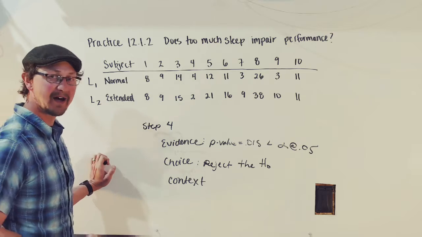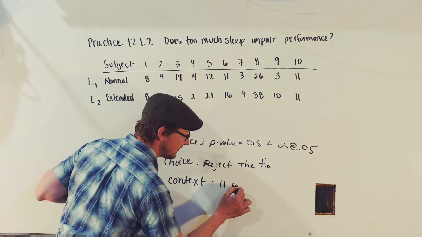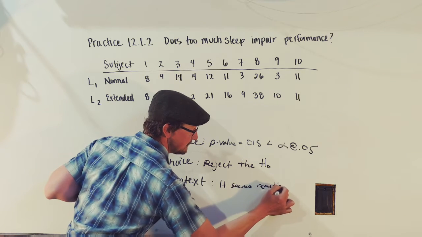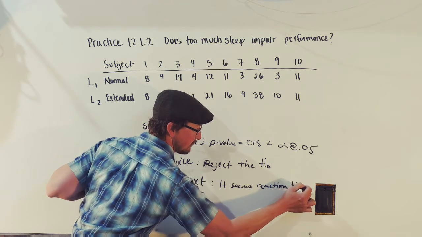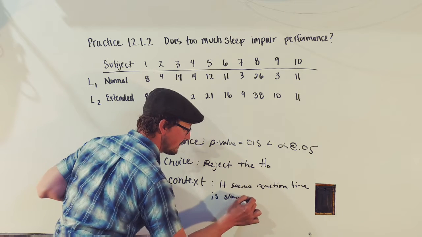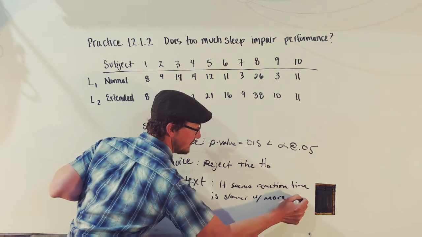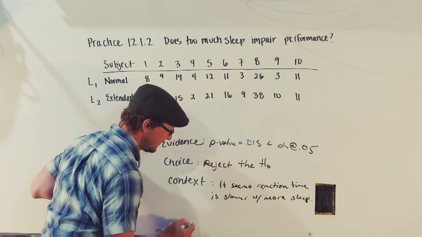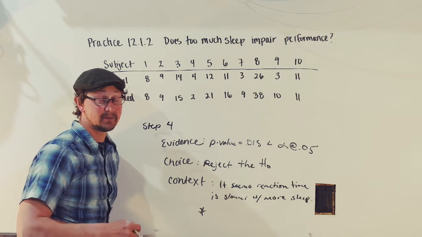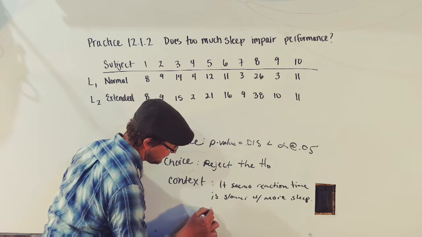Well, rejecting the null hypothesis means that it seems reaction time is slower with more sleep. Asterisk on this because we didn't have a simple random sample and we didn't obtain normality.